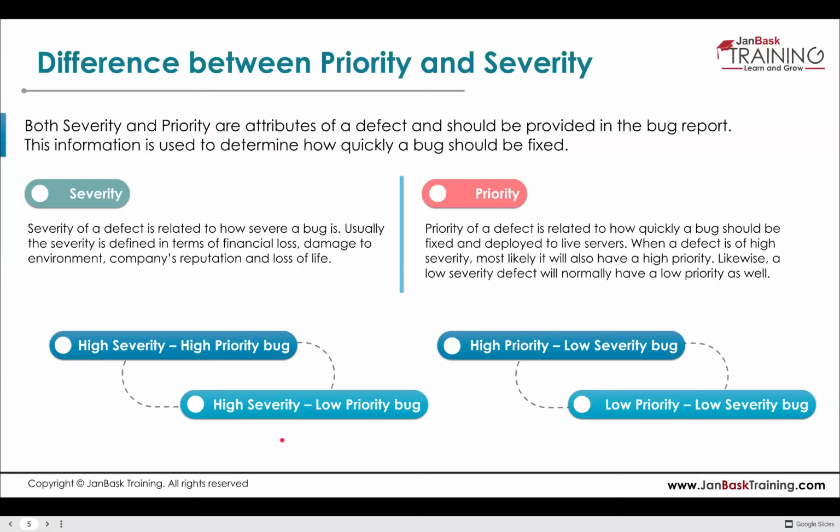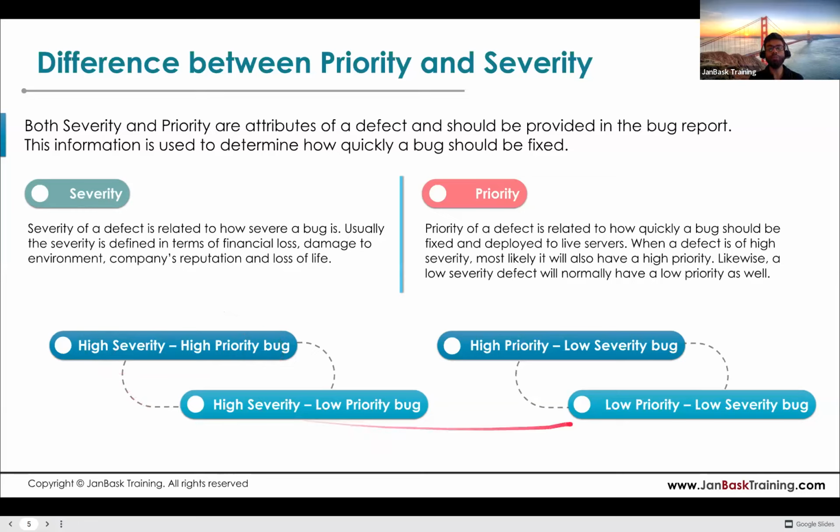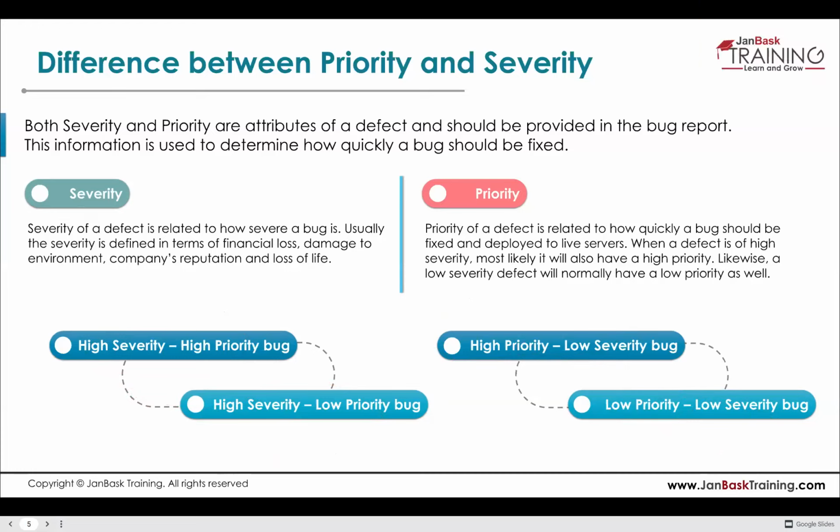Right? So I would request you to think about these different combinations: high severity high priority, high severity low priority, high priority low severity, and all this, and take an example and note it and remember it. You don't need to remember it in that way. You need to remember the concept.